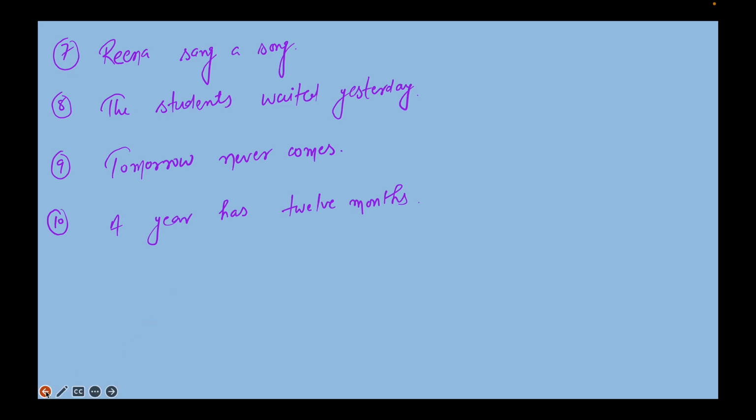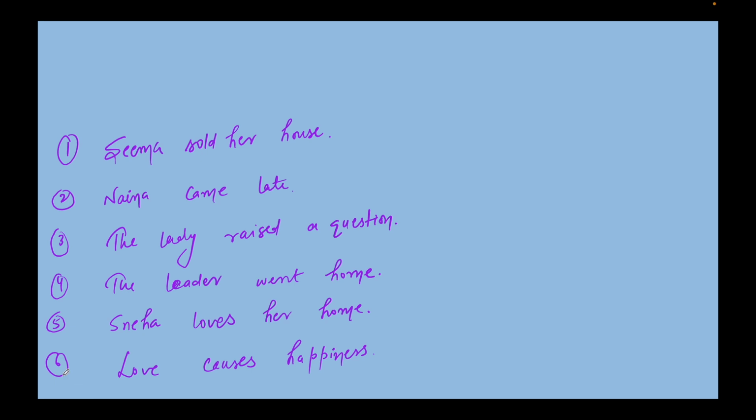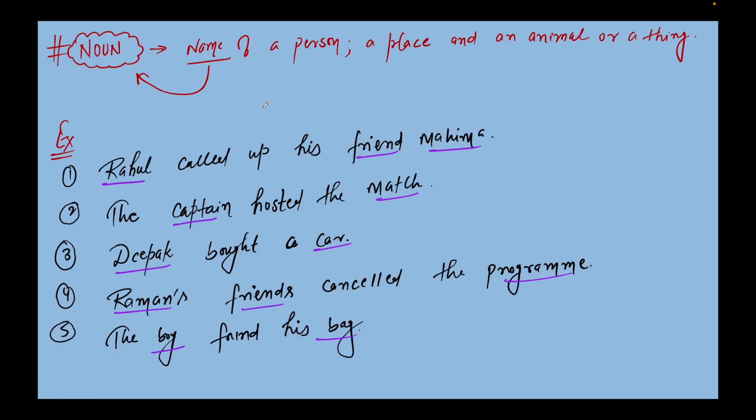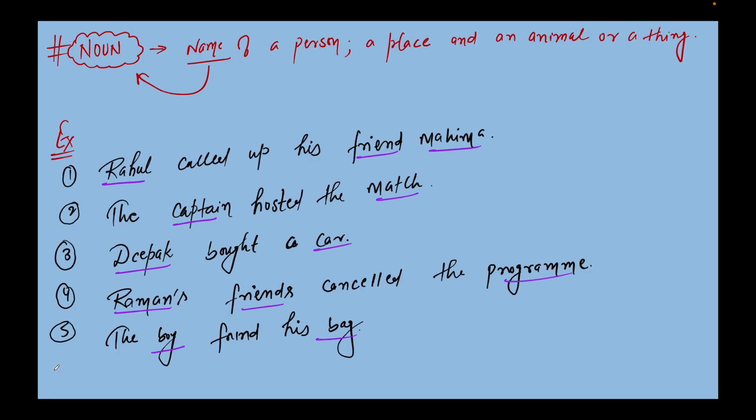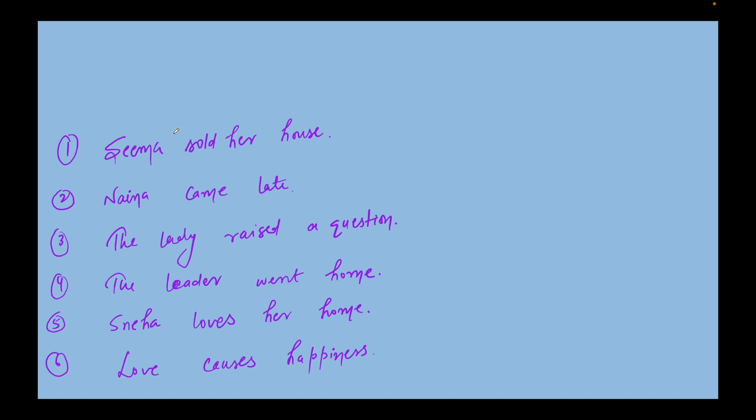If you see clearly, in these examples the definition of noun does not fit. How does it not fit? As we have already discussed, the definition of noun is the name of a person, place, animals, and things. But in this case, it is a name of a person, there is no problem with this.